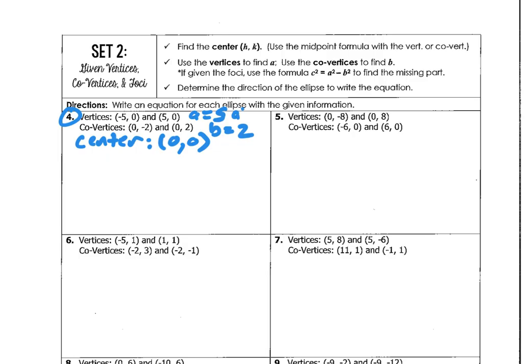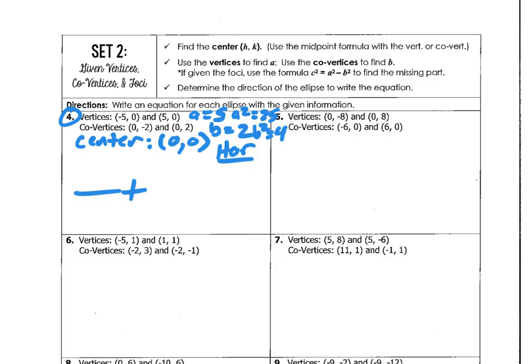So that tells me that A squared is 25 and B squared is 4. We know that this is a horizontal ellipse again because my vertices are moving left and right. They're x values, right? So x values are moving left and right. Vertices are always on the bigger axis.